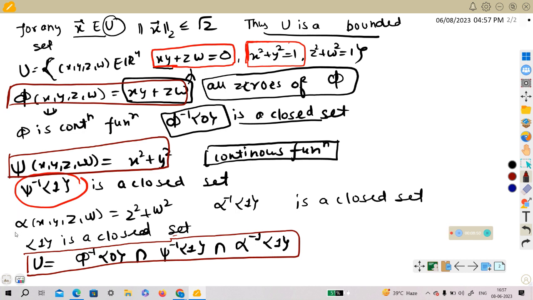We have simply taken the conditions that were given and defined a function according to them, and we take inverse images of the given values, and we define U. We find that U is phi inverse 0 intersection psi inverse 0 intersection alpha inverse 1, and all these three are closed sets, therefore U is a closed set.